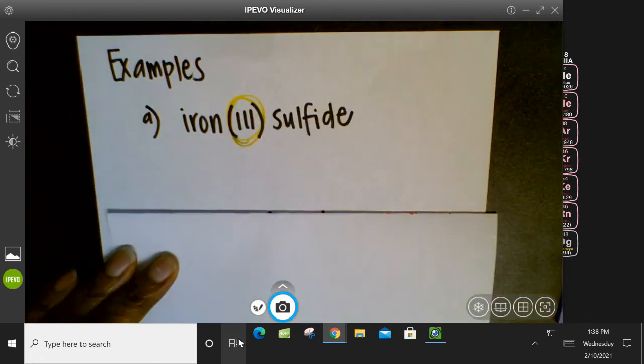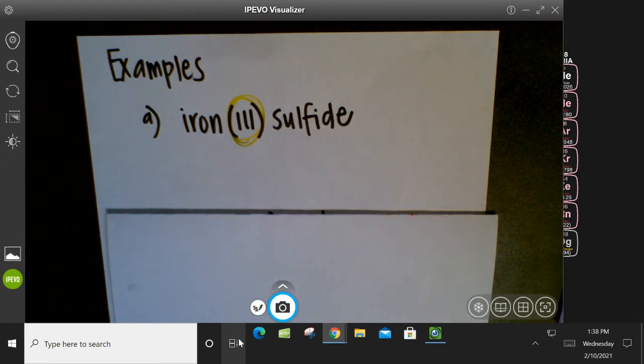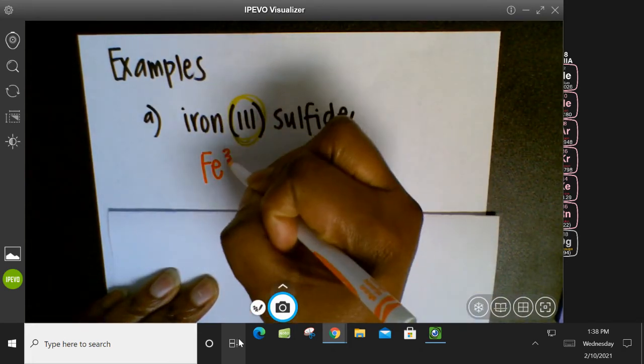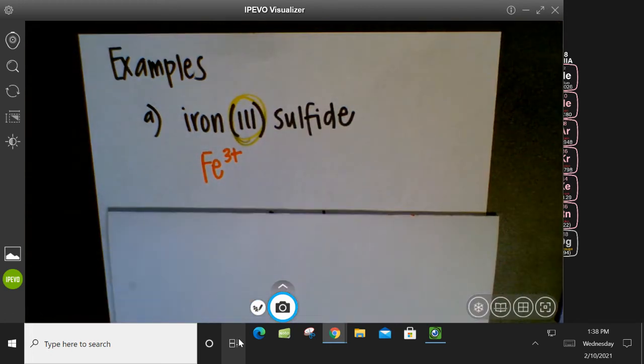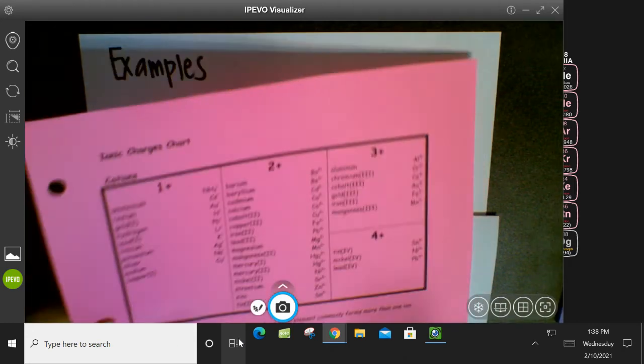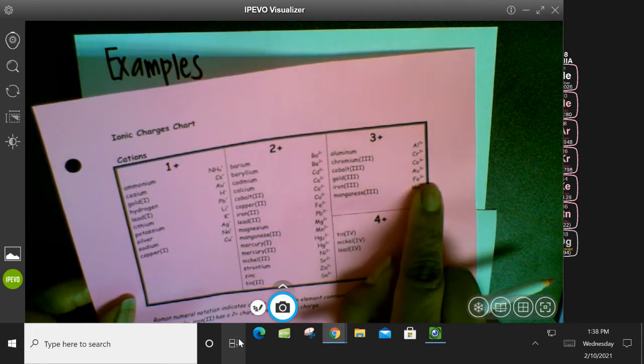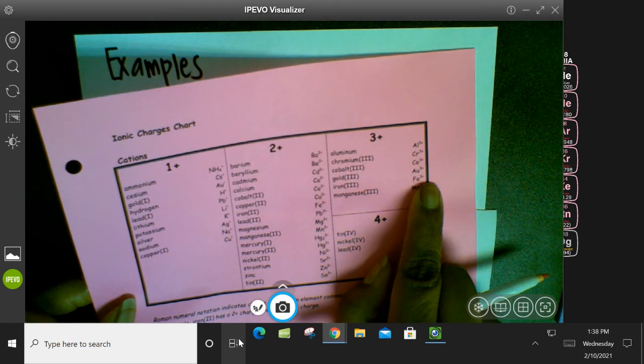This Roman numeral 3 is the charge on the iron. So that 3 means that iron has a charge of 3 plus. If you don't trust yourself enough to know that the Roman numeral is the same as the charge, then come here, find iron 3, and you look over to the side, it's Fe 3 plus.